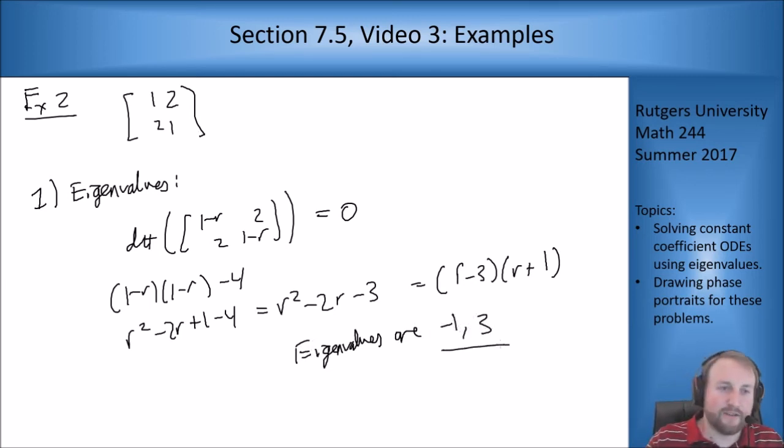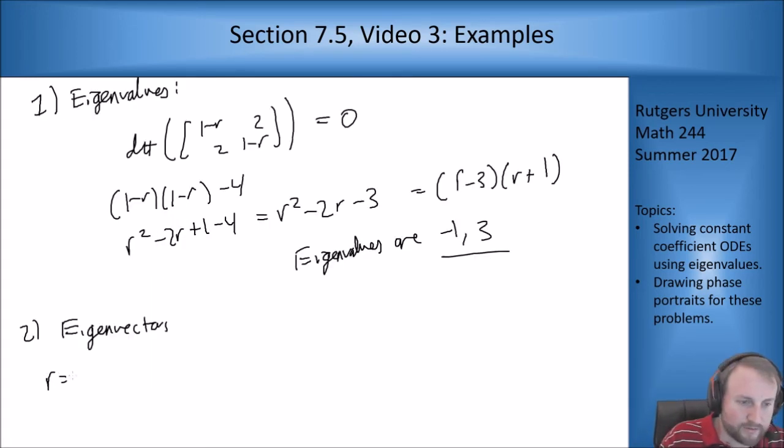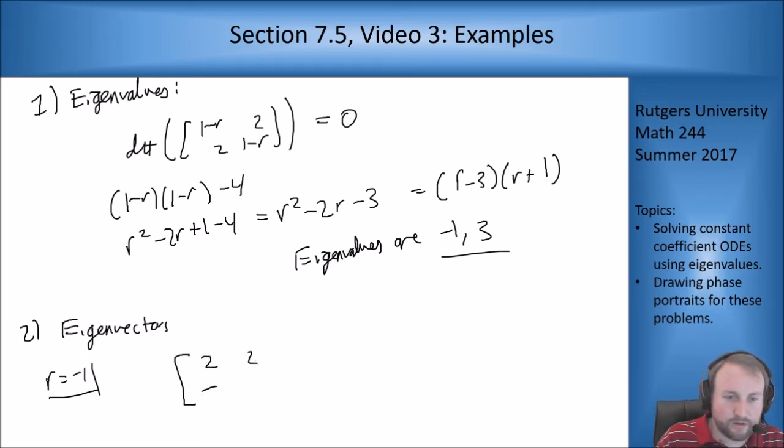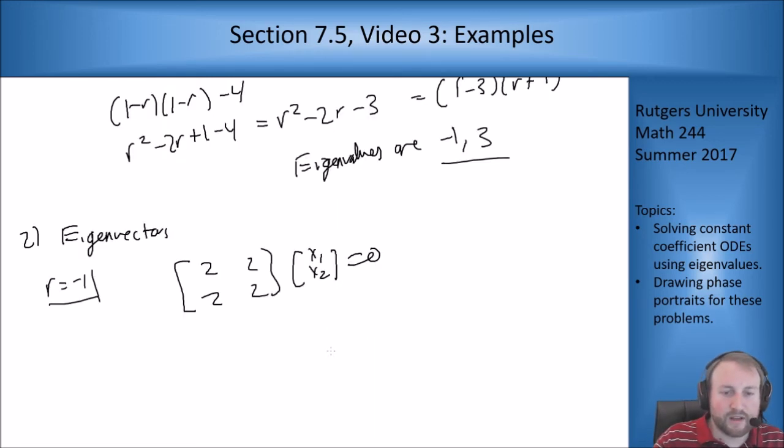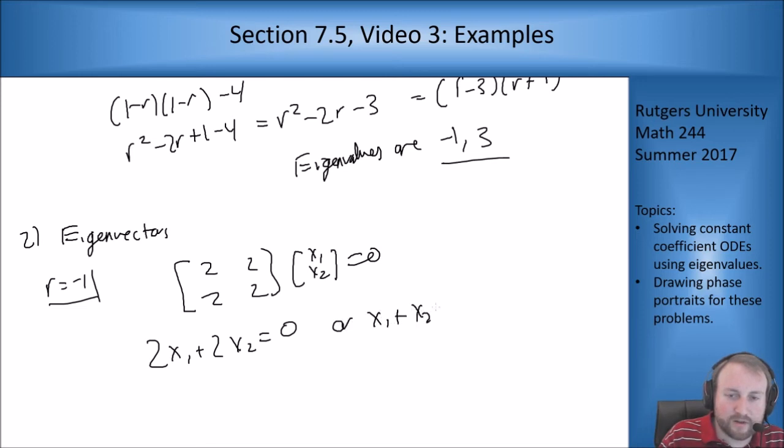And now we look for eigenvectors. So r equals minus 1: I plug in minus 1 for r, giving 2, 2, 2, 2 times x1, x2 equals 0. And I obviously only need to write one of these equations, so 2x1 plus 2x2 equals 0, or x1 plus x2 equals 0.